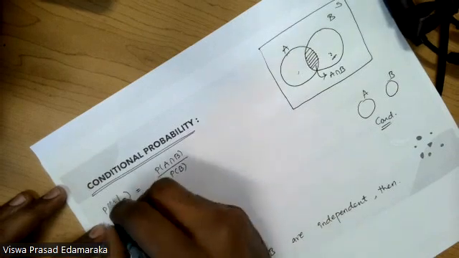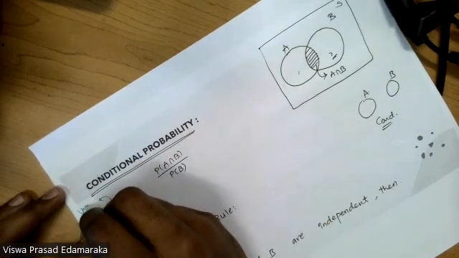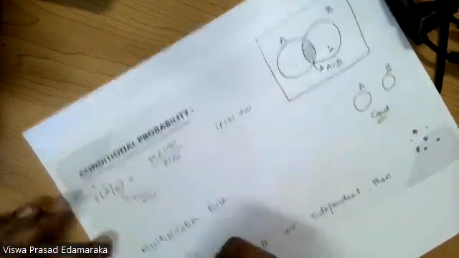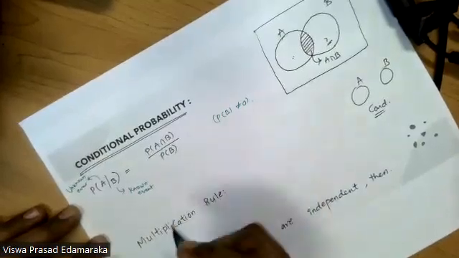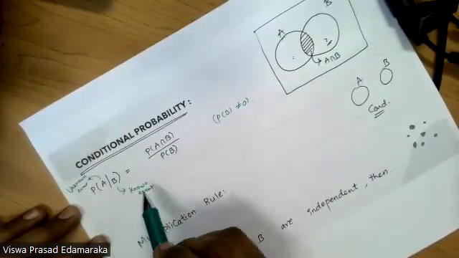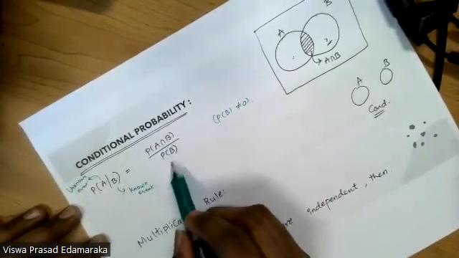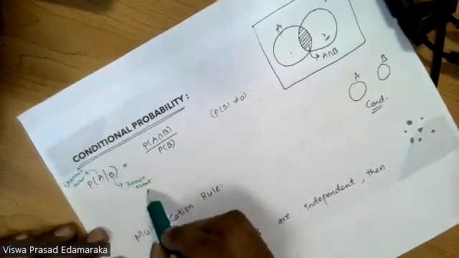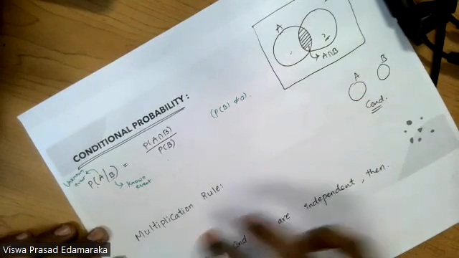B is the known event and A is the unknown event, where P of B should not equal 0.